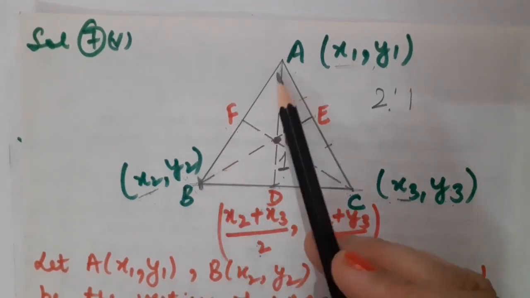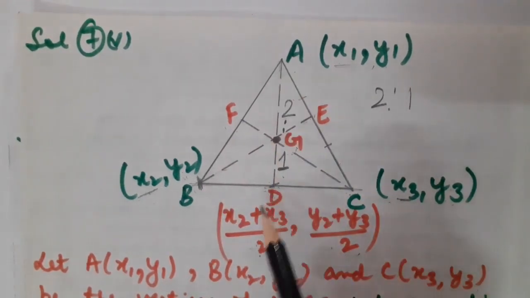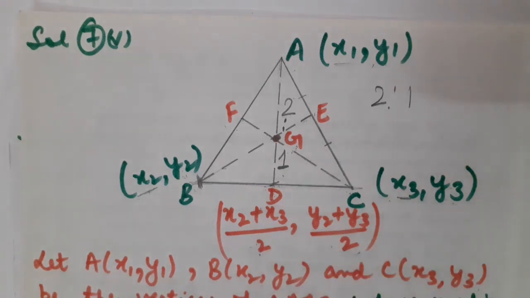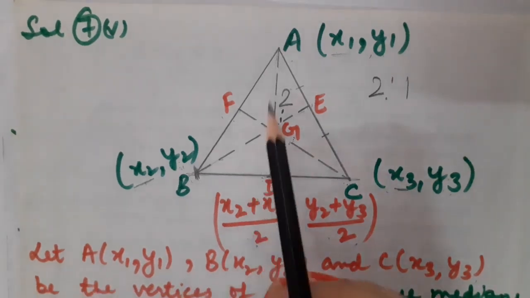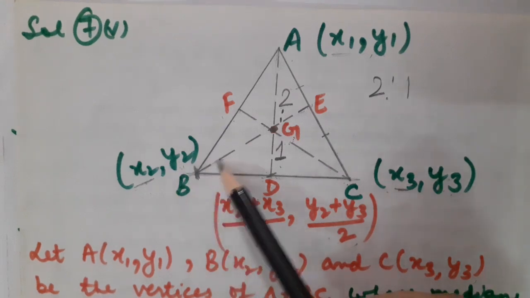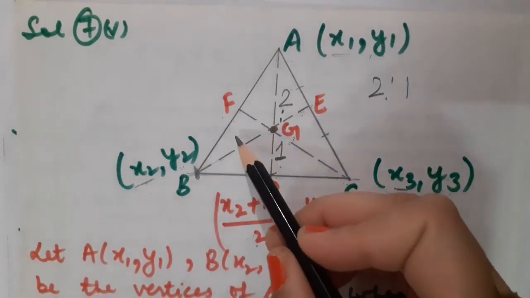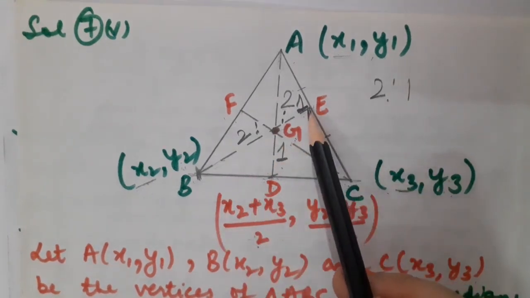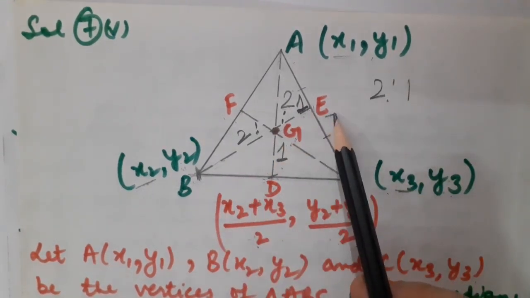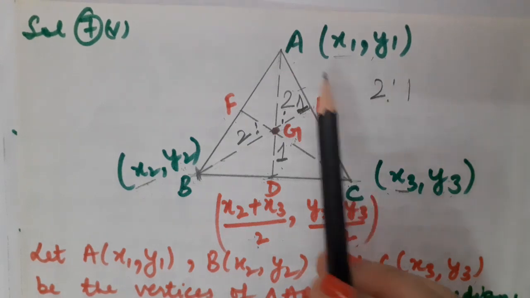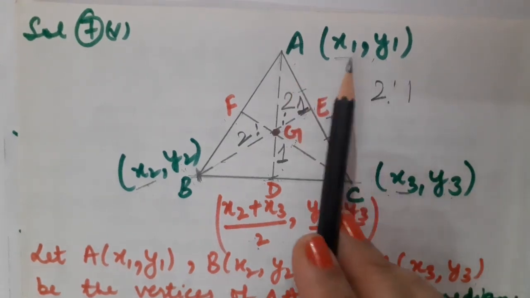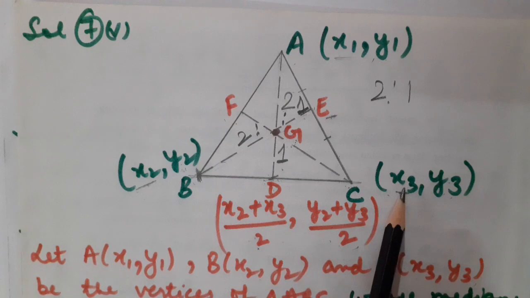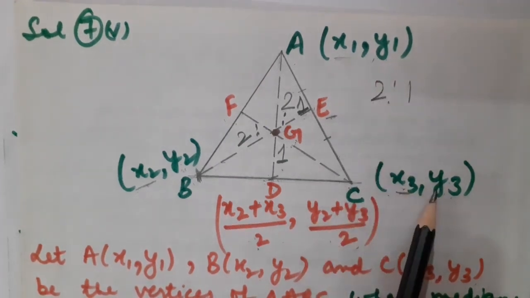So if you do not want to apply the formula on AD, you can apply it on BE also. The ratio would be 2:1 in that case. In that case you have to calculate the coordinates of point E, which is the midpoint of AC. Very simple: (x1 plus x3) divided by 2, (y1 plus y3) divided by 2.